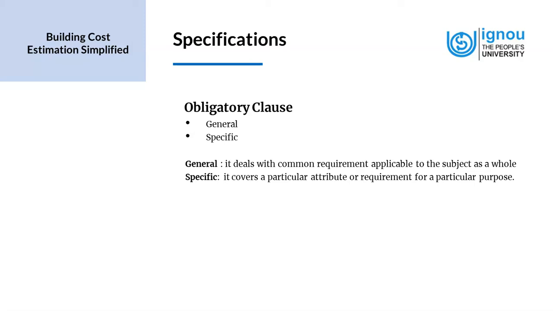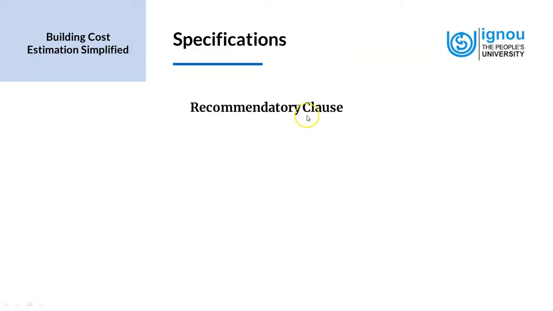If the subsoil has sulfate and chloride, we may have to go for epoxy coated steel. Or if the subsoil has corrosive properties, then we might have to add corrosion inhibitors. So we see that specific requirements are related to specific conditions of a project. Next is the recommendatory clause.